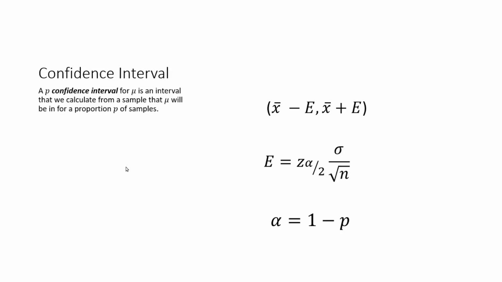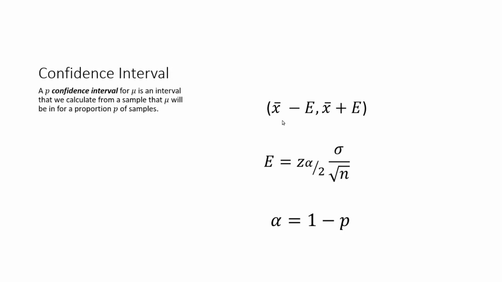So a p confidence interval for mu is an interval that we calculate from a sample, so that mu will be in that interval a proportion p of the samples. For a 98% confidence interval, if we take 100 samples, we more or less expect our mu to be in that confidence interval 98 times.